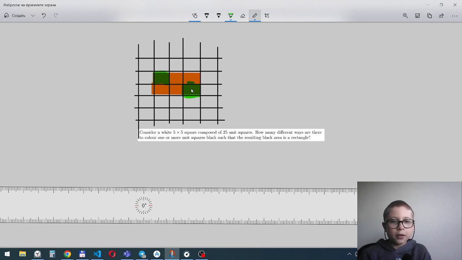Having these two squares, we can easily define which area we are coloring. However, I'm gonna take a different approach.